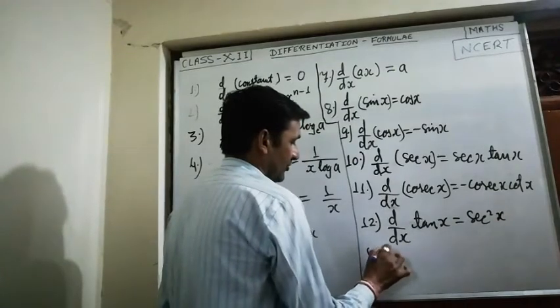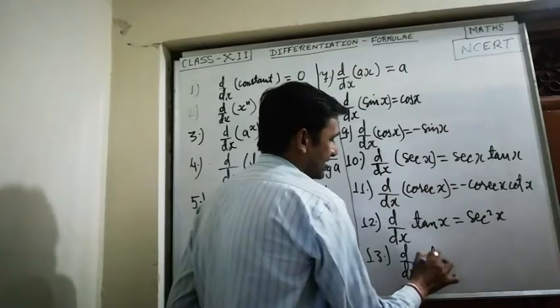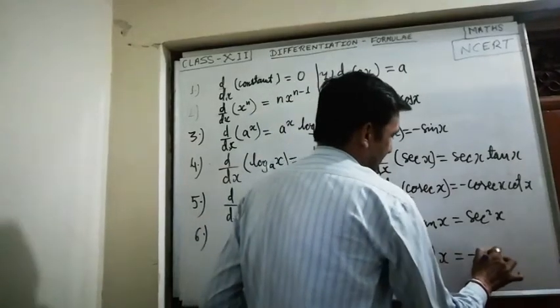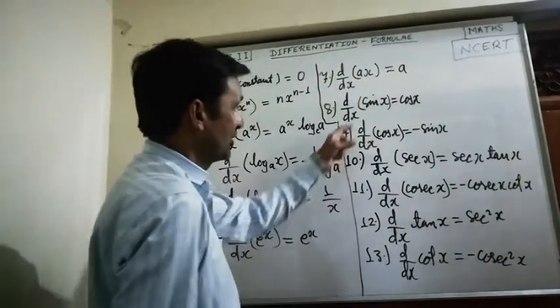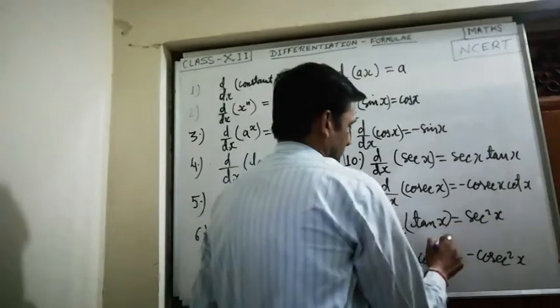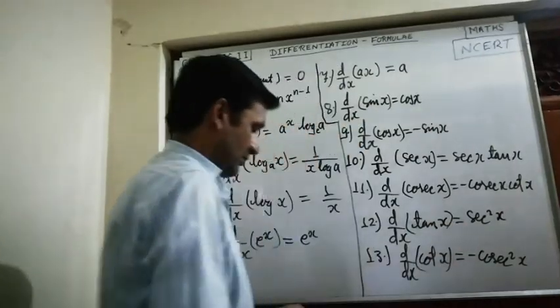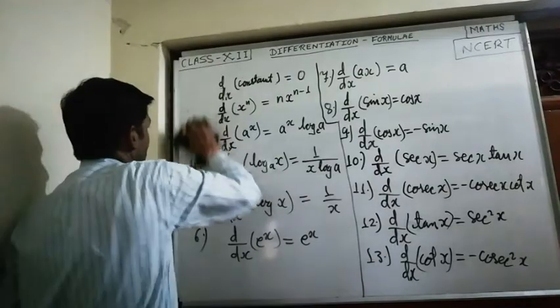Differentiation of cot x, it will be minus cosec square x. These are the trigonometric functions: sine, cos, tan, cot, sec, cosec. Now let me introduce the inverse trigonometric function differentiation.